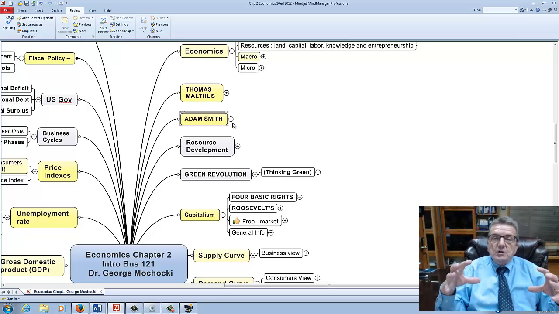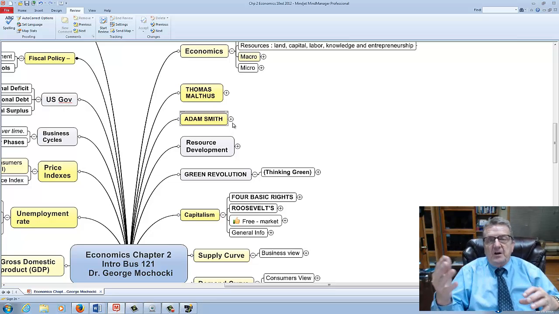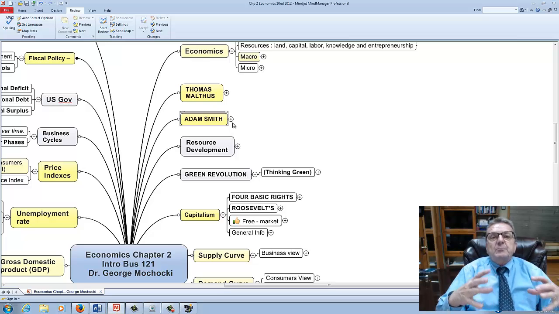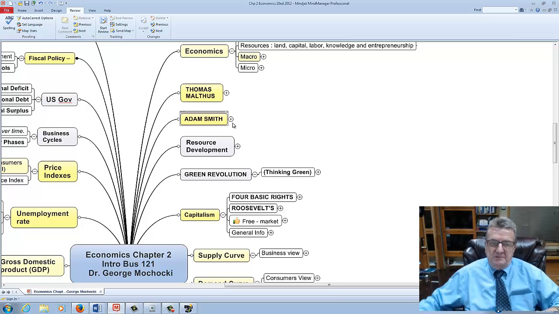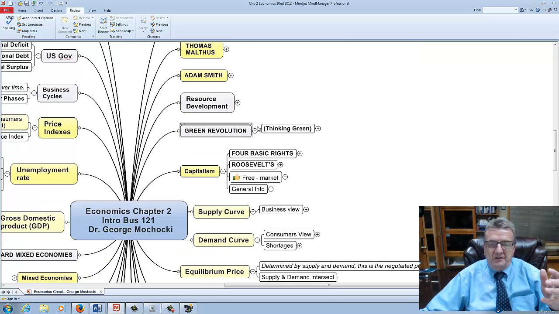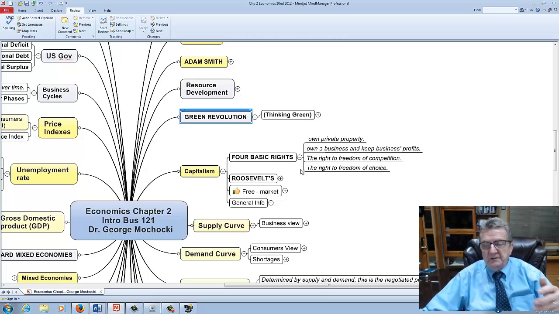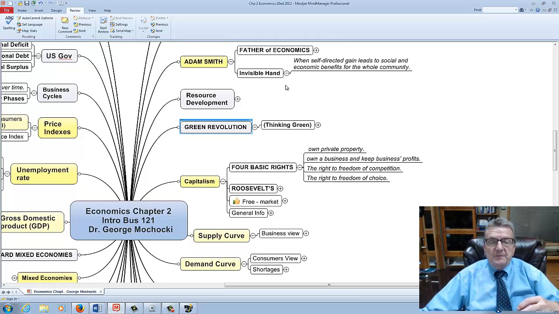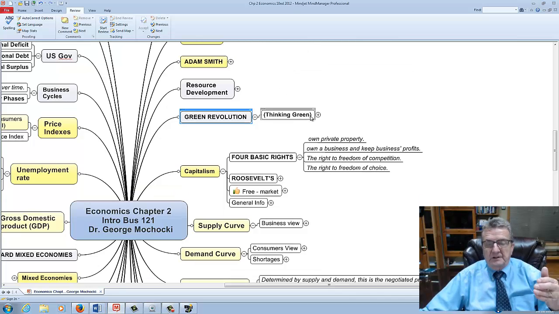I have to make sure I don't cut so many trees that it affects the environment, or create products that pollute the environment. You can see a lot of changes going on now with the auto industry. So it's green. Now, the capitalistic system has 4 basic rights: to own property, to own a business, the freedom of competition, and the freedom of choice. If you don't have these, the capitalistic free market won't thrive.